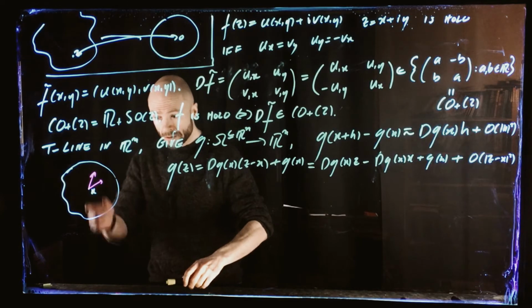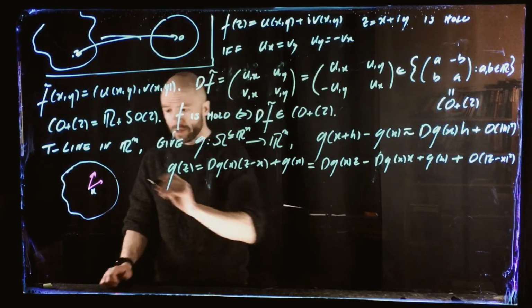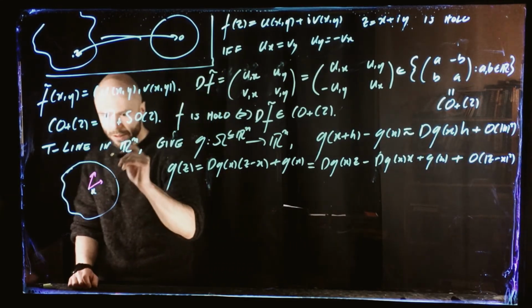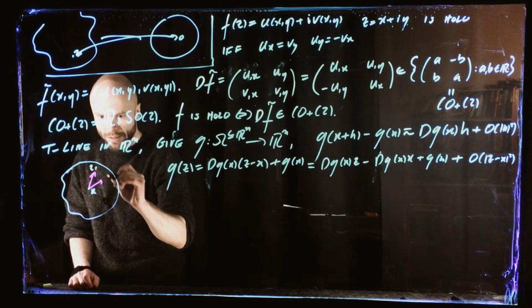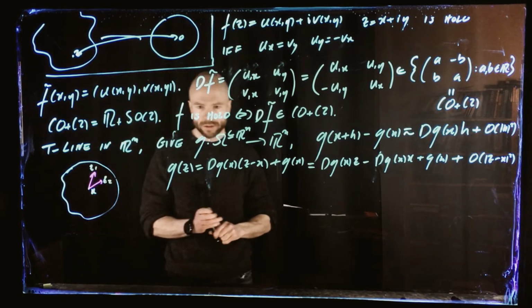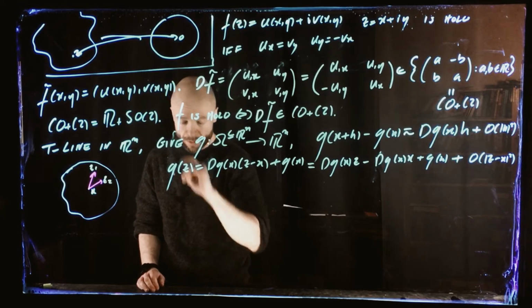Then if we consider the image of these lines, let's say this guy is Z1 and Z2, what do we have?